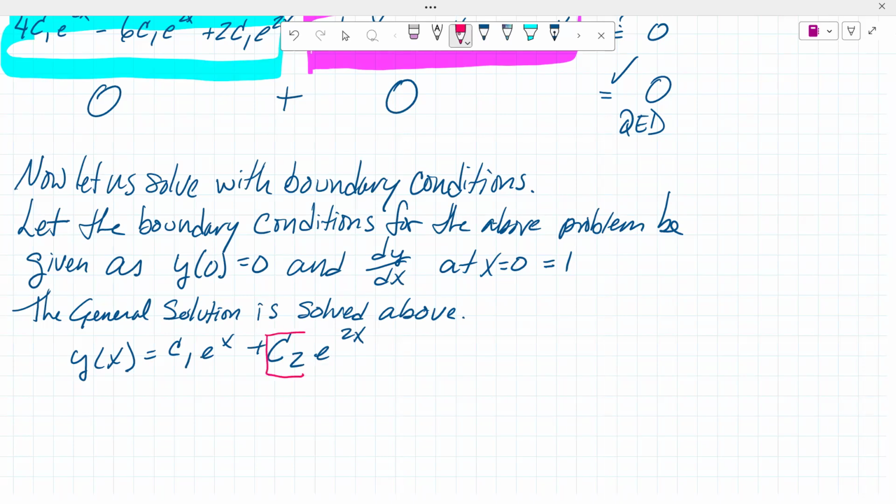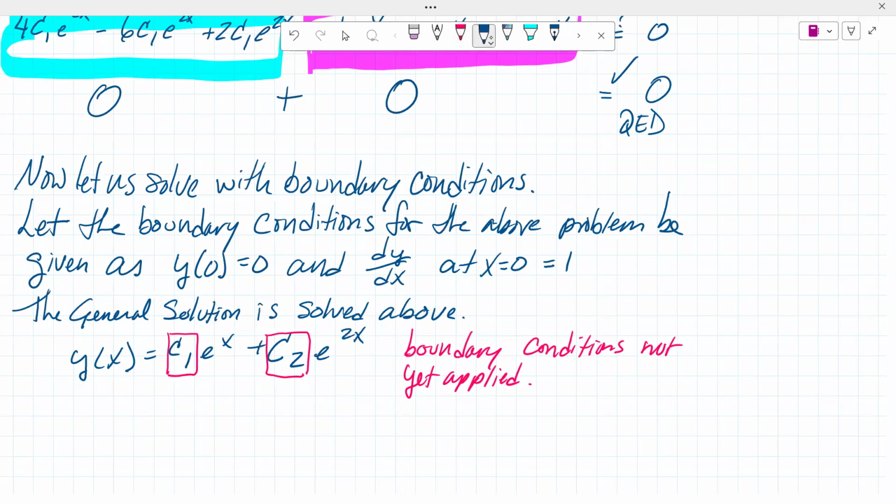This part right here is what's telling us boundary conditions are not solved. When you solve the boundary conditions, we will get the answer to those c's. That's the whole point of this. Next, we'll now solve for the specific values of c.